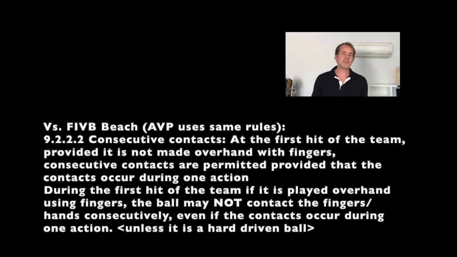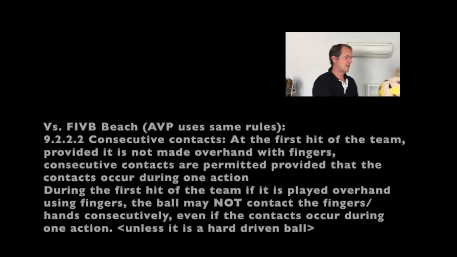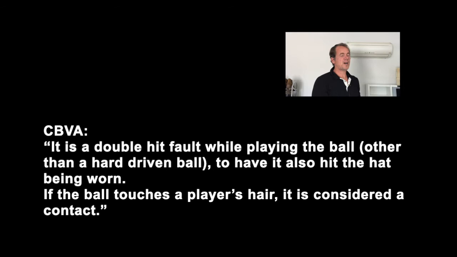So a classic example where you see this is on a serve receive, which by definition a serve cannot be considered a hard driven ball. Someone really hits a nice hard serve at you and it goes off of your hands and it catches your ball cap or your visor. In that case, if you are playing CBVA rules, that is a fault.